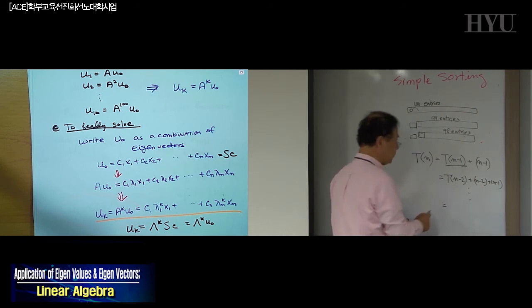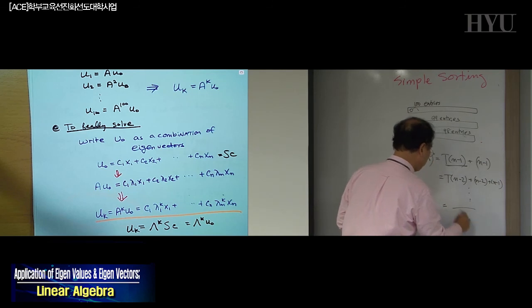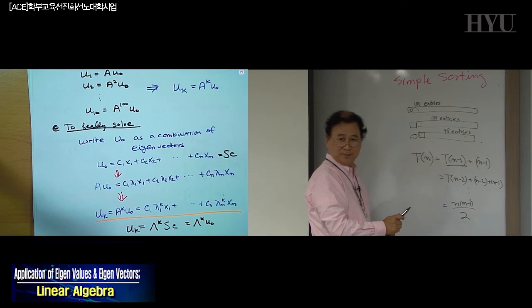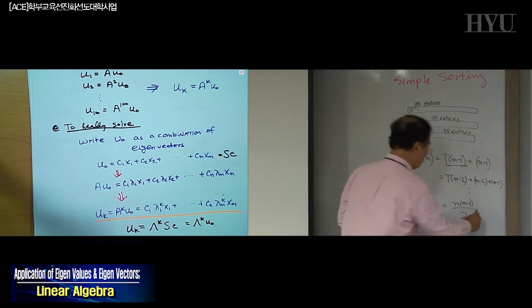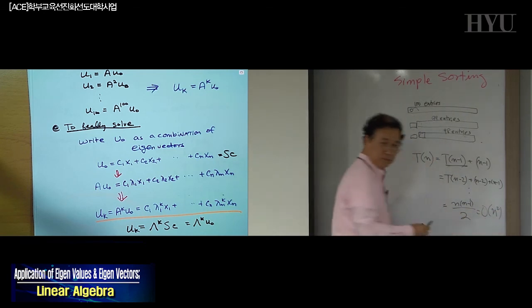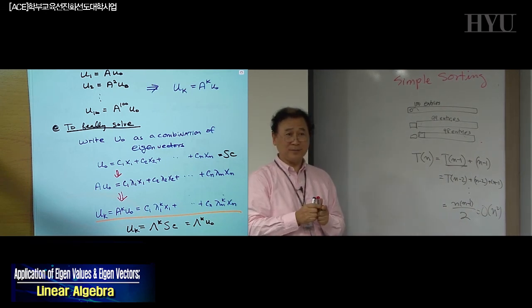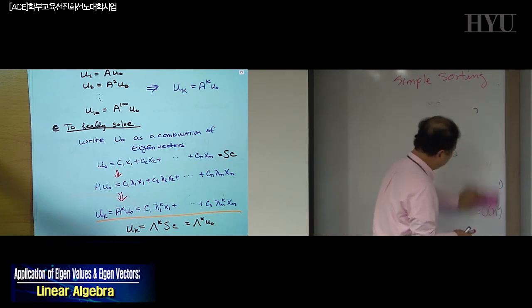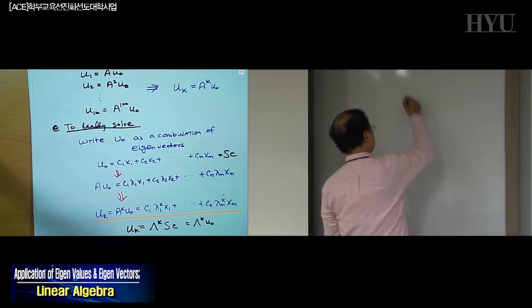Then what's this? This one? Order of magnitude, right? This is order of what? N square, right? Can you understand that? This is the one, right? Okay. Then how about merge sorting?